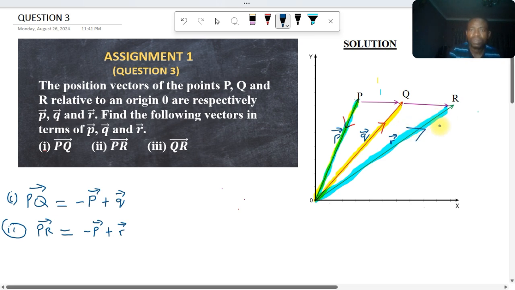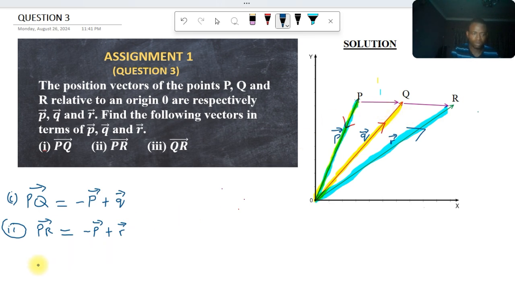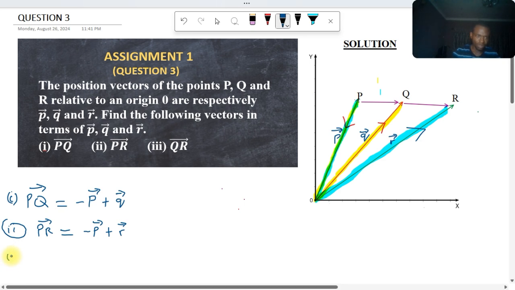Now the last one, which is number 3. Number 3 says we should obtain QR.